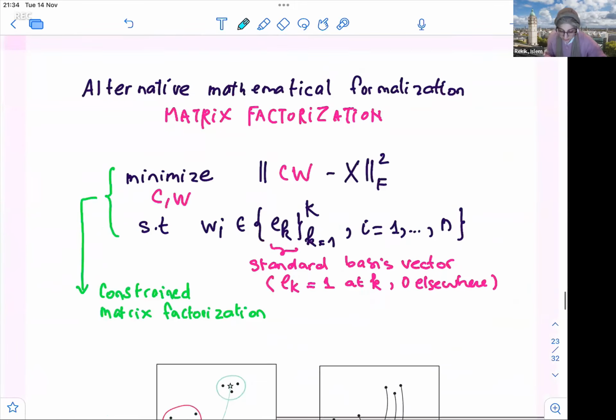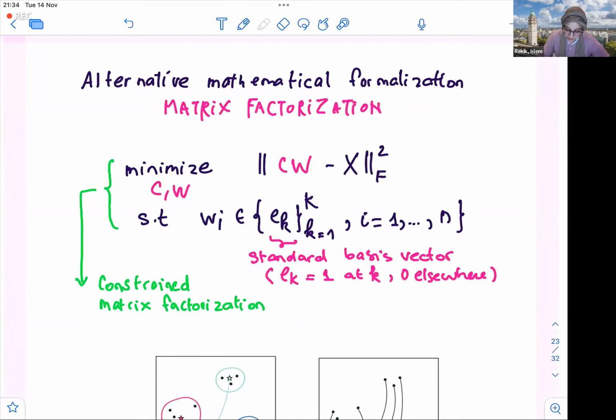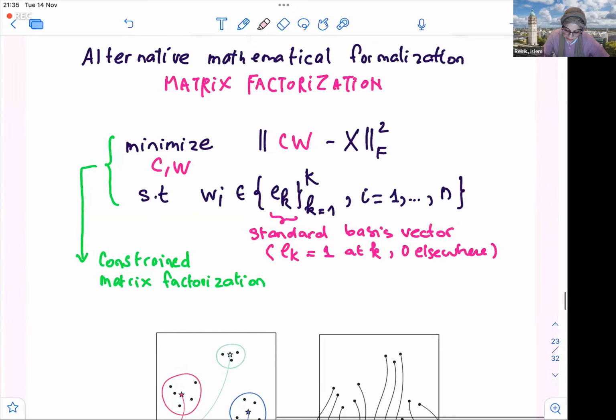So here, this is an alternative mathematical formalization of clustering. Clustering can be formalized as a minimization problem, a matrix factorization problem particularly, where we factorize X into a multiplication of two matrices C times W, and these are to be learned such that, so it's a constrained optimization, subject to w_i belonging to e_k, k from 1 to big K. So what is e_k?